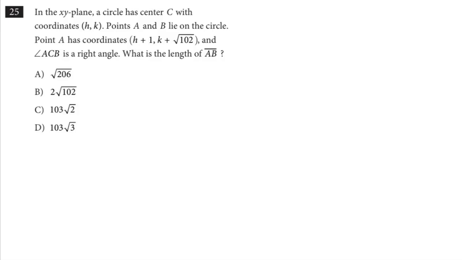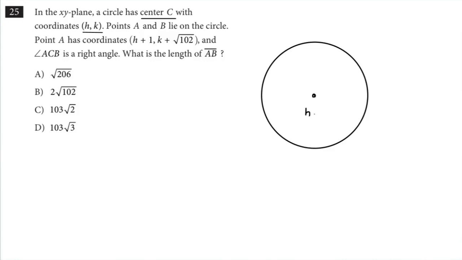Question 25. In the xy plane, the circle has center C with coordinates h, k. So I've got a circle and its center is h, k, and this is the point C. Points A and B lie on the circle.